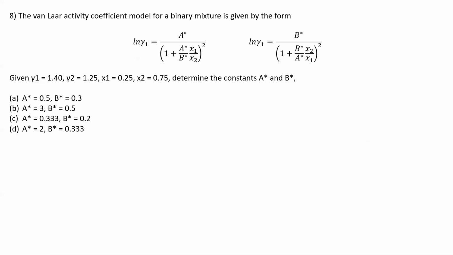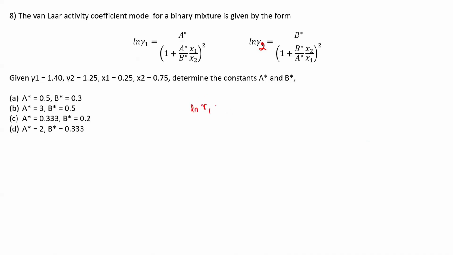We have to find out. So, given gamma 1 is equal to 1.4. Okay. Now, we can do some manipulation mathematically.